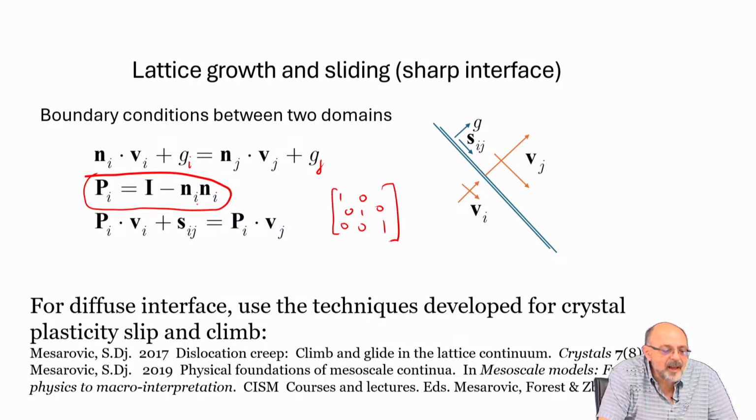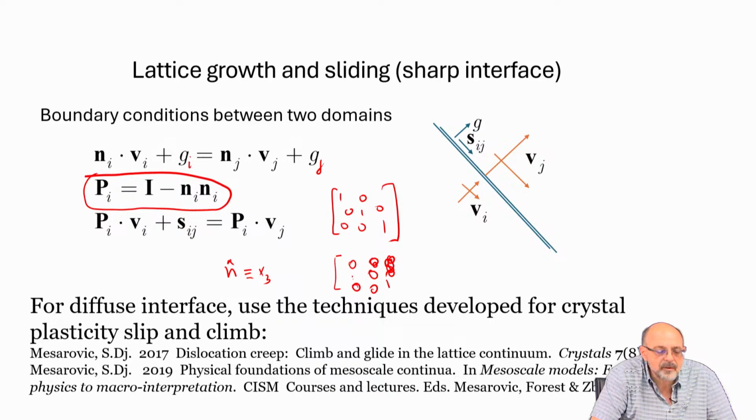Now, this dyadic, let's say that n corresponds to x3. So this n will be 0, 0, 1, and the dyadic has all zeros except one entry.